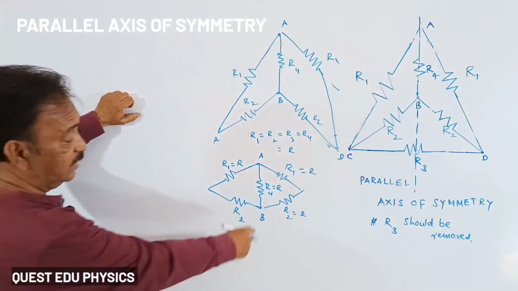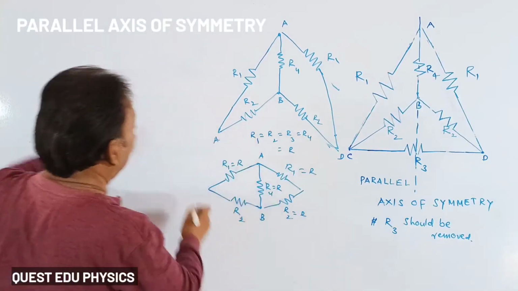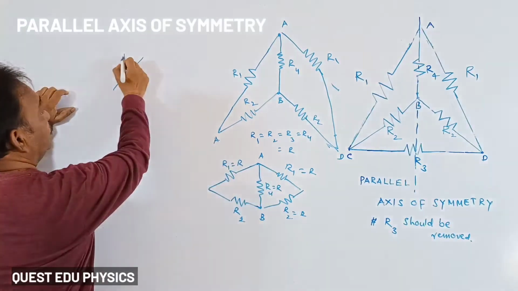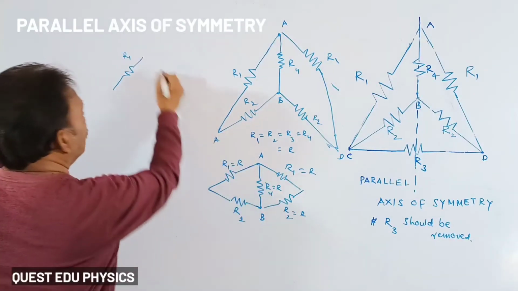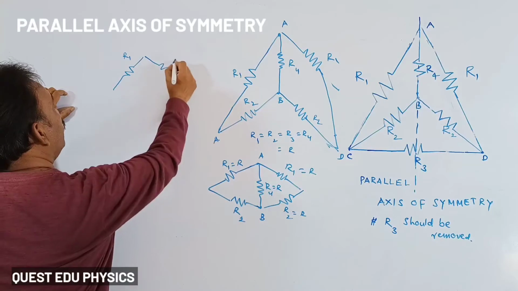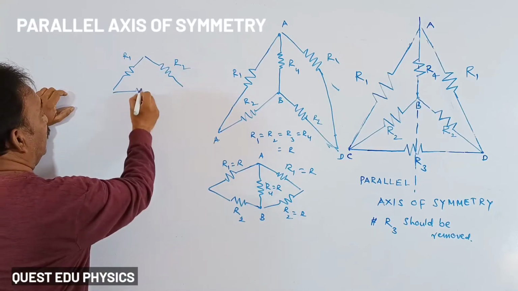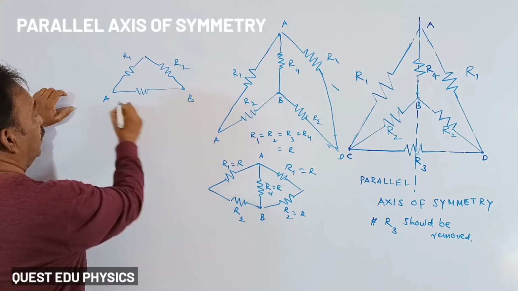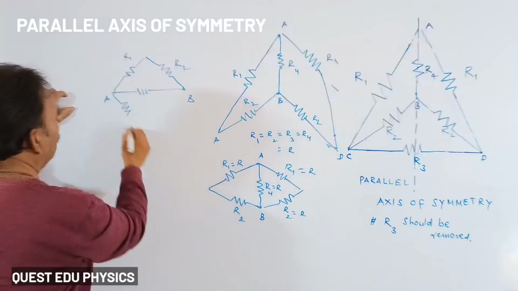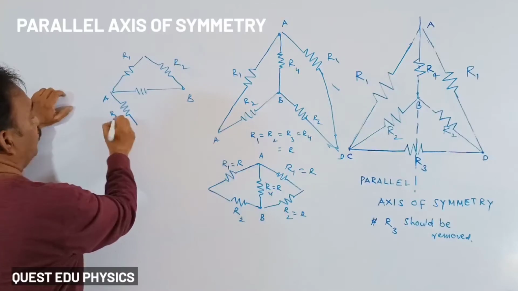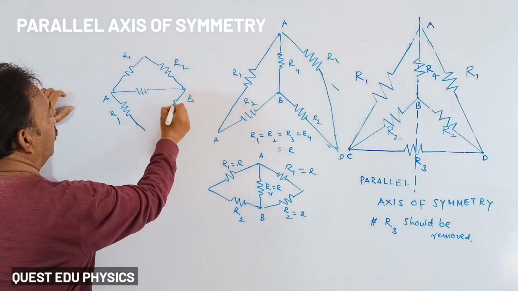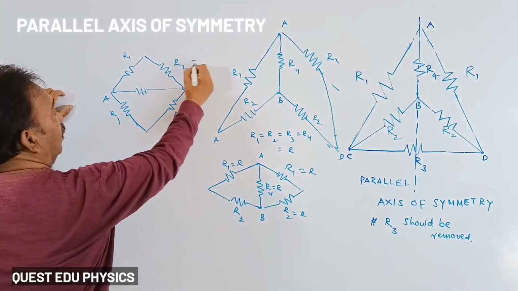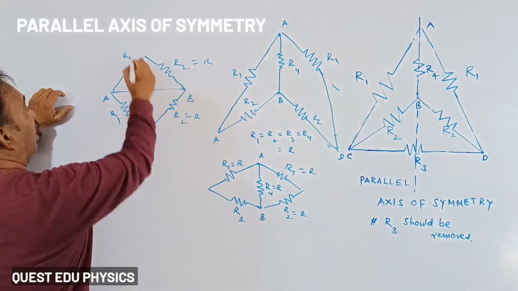If you watch these three and just tilt it, what you get? It is the resistor R1 and it is R2. It is R, it is a point A and a point B, and it is this resistor R1. You see, this is R2, it has a resistance of R. Each one has a resistance of R.